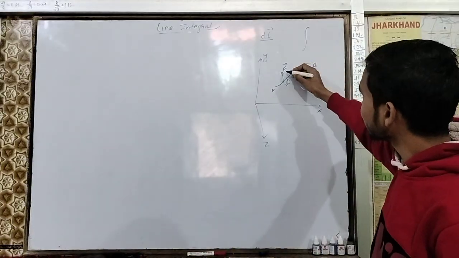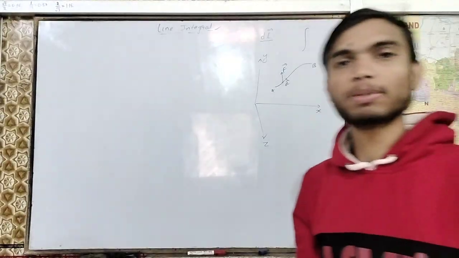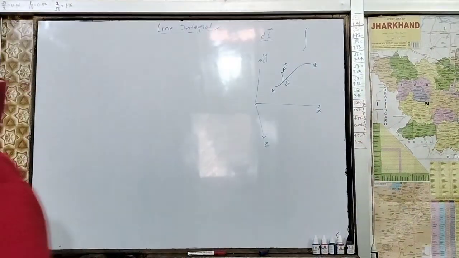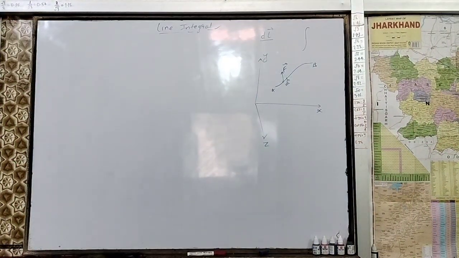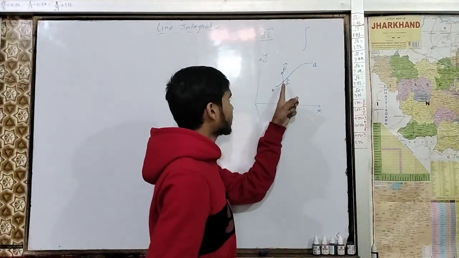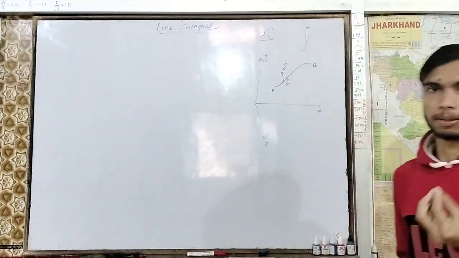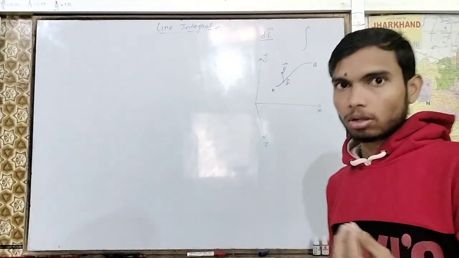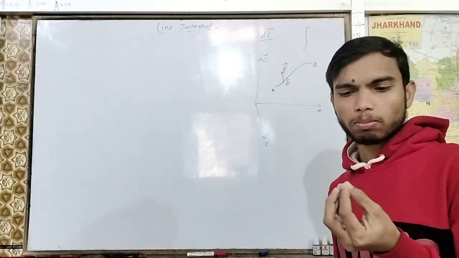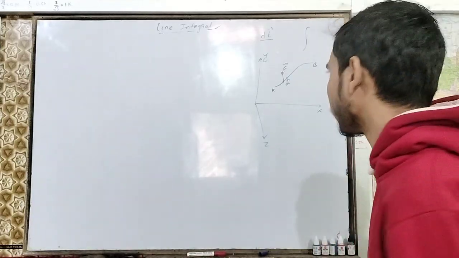So this is not a position vector. It is a vector field. F means field. Here we are not considering F as a force, we are considering it as a field, a vector field. Since the curve is present in the vector field, we are taking one point, one location, from the vector field.